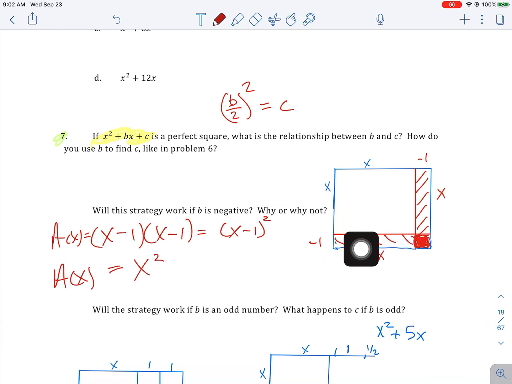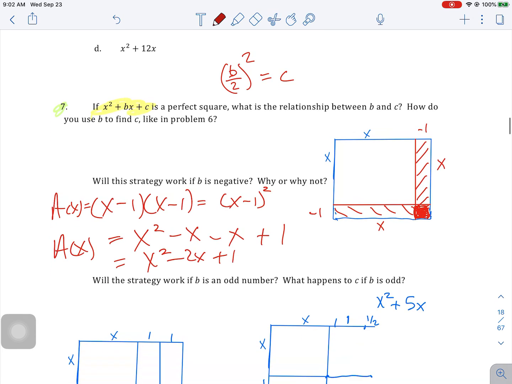And then we took away, right here, negative 1 times x, and over here we took away negative 1 times x. But we had a problem because we took away this last piece twice, so we have to add that back in because you can't subtract it twice. So we're going to say plus 1. It's a 1 by 1. And so this shows us x squared minus 2x plus 1 is a perfect square, and that works.